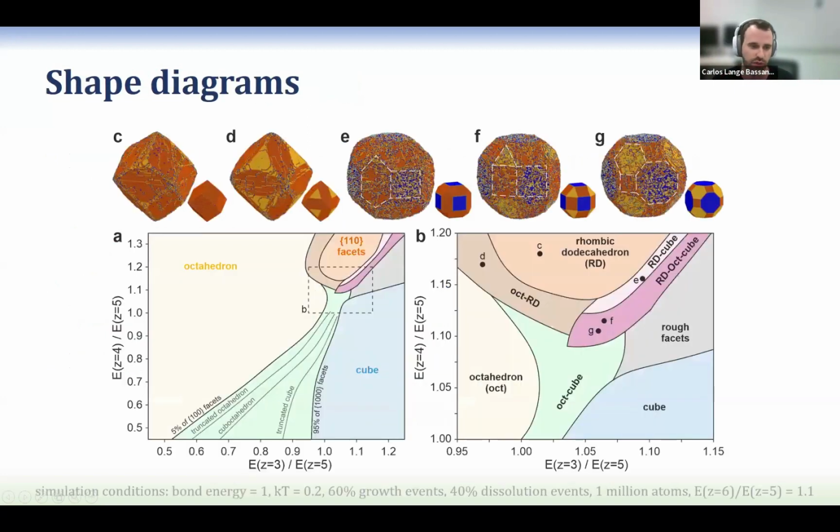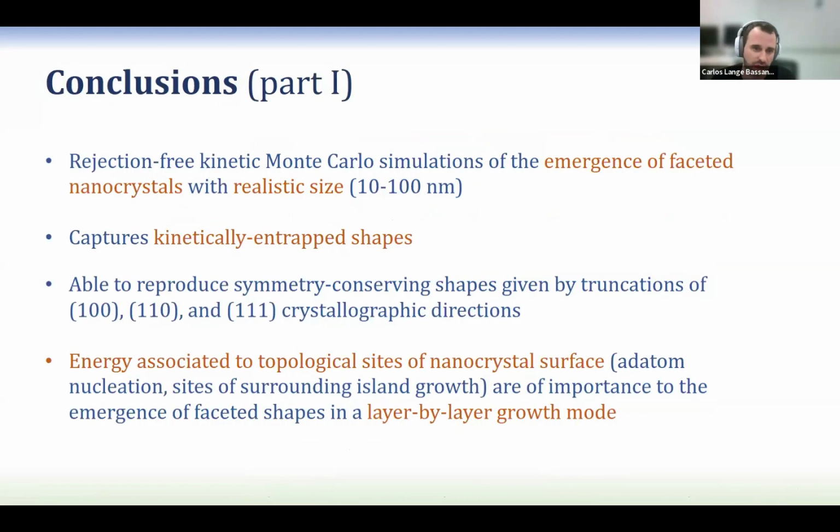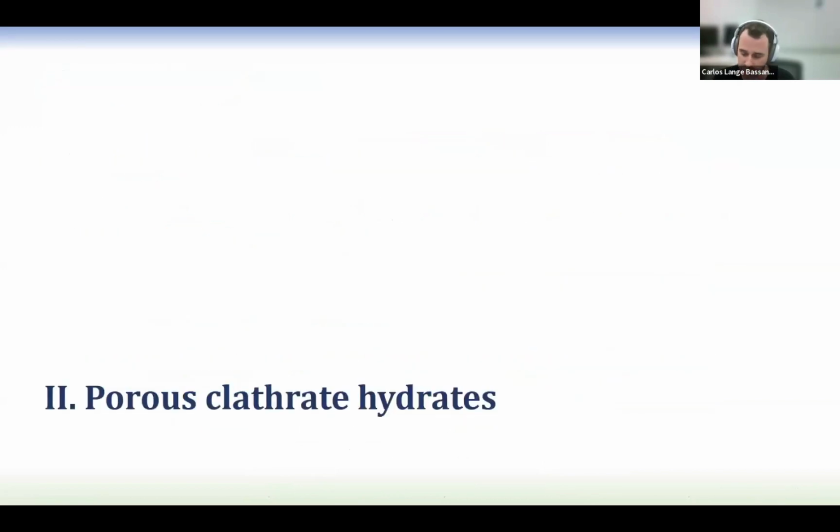So, if we come back here to the shape diagrams, those are the energy levels 3, 4, and 5 for FCC, right? So this is a very well-behaved system that happens in these noble metals. It might happen also if we could crystallize noble gases. Well, of course, they don't crystallize so easily.